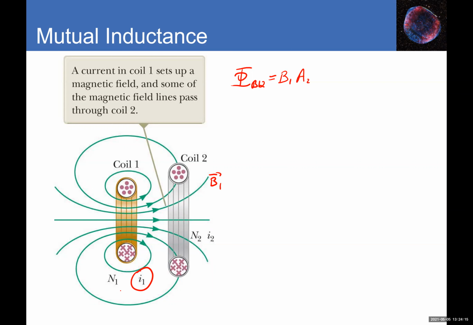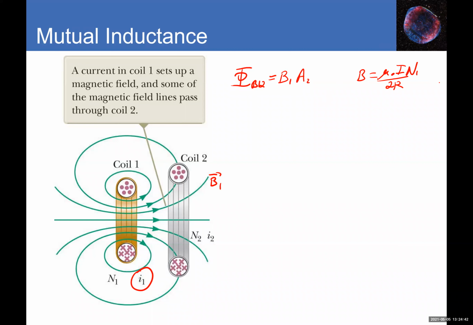The magnetic field is going to be variable, and this equals μ0 N I, assuming N is constant, divided by 2r. That's the magnetic field strength at the center for coil one, where N is the number of turns for coil one.